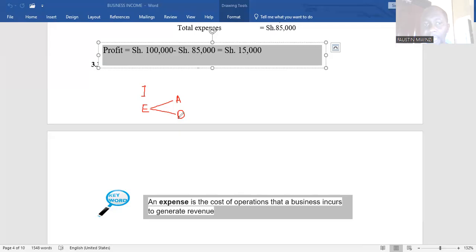And for incomes, you have two types of incomes. You have incomes that we say are taxable in full, and incomes that we say are not taxable.